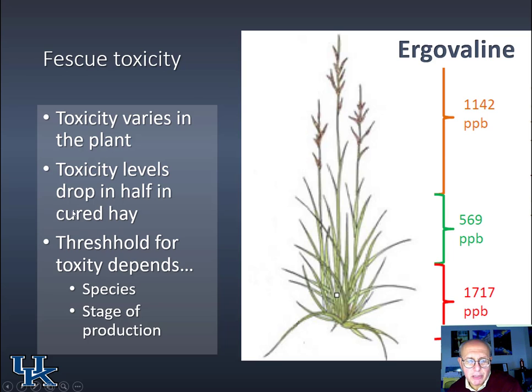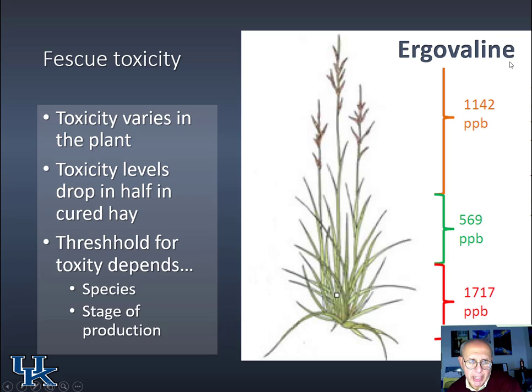Now, the last point on this slide is this middle point. Toxicity levels drop in half in cured hay. This is one of the few times that I can think of that hay is better after it's cut than before. In this case, ergovaline is not very stable outside of the fresh plant.